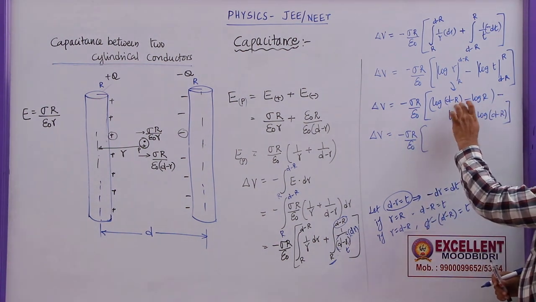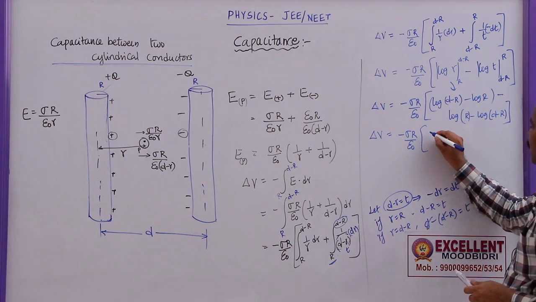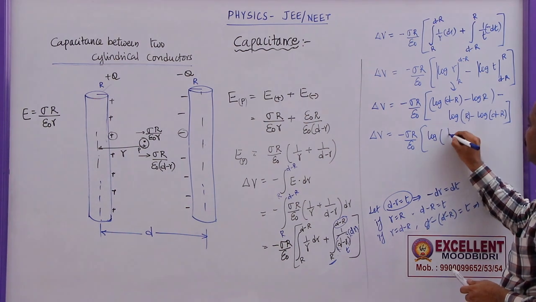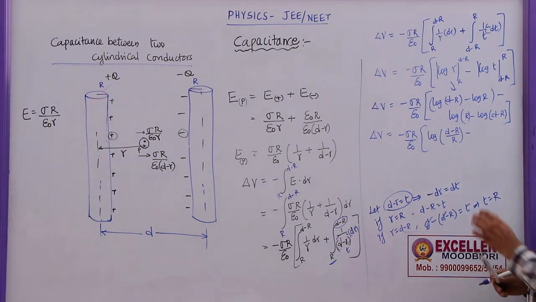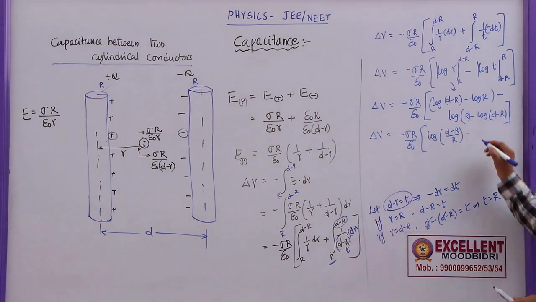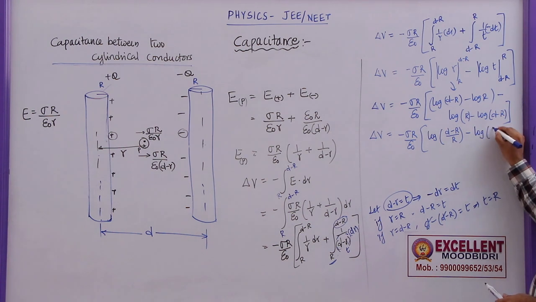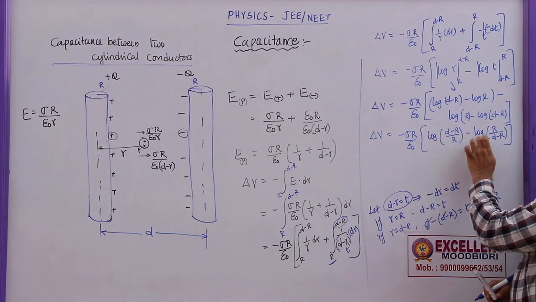We know that log a minus log b is equal to log a by b. So, this will be log a by b, and this one will be log b minus log a, that is log b by a, which is going to be log r by d minus r. You can say this one, this is log a minus log b.